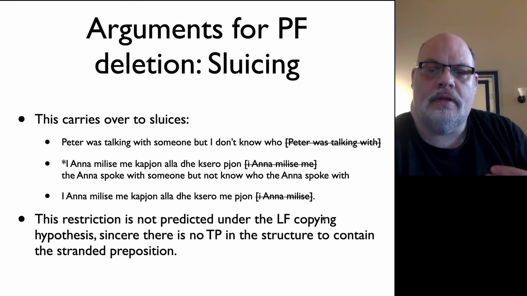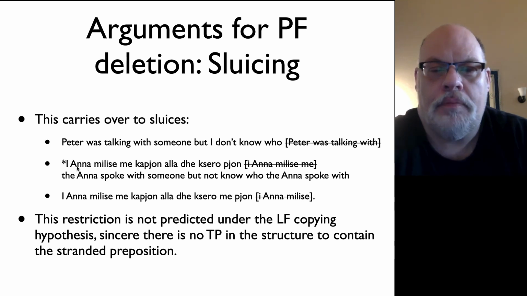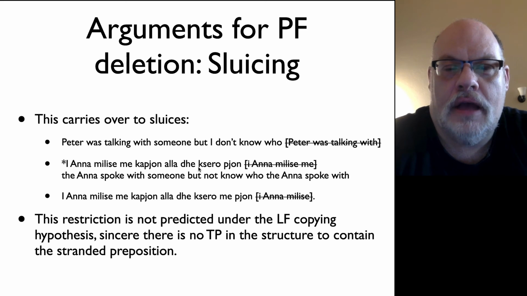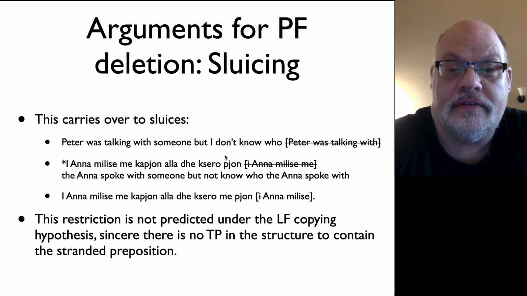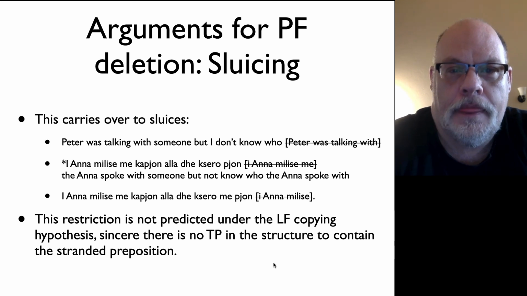Whereas in the PF deletion approach, essentially you just have the same strings present right up until PF, and this string in the ungrammatical sentence is what causes the sentence to be bad, because we have in fact stranded a preposition which is not permitted in Greek.